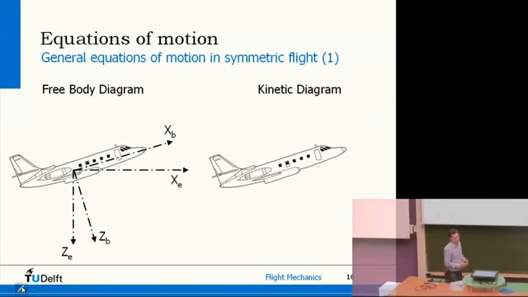Then there's also something we call a body axis system, fixed to the plane, because the difference between these two axis systems tells us what is the orientation of the aircraft in space. Now the difference between the two is the angle theta, which is called the pitch attitude, and that is what the pilot actually sees when he looks outside the window of the aircraft.